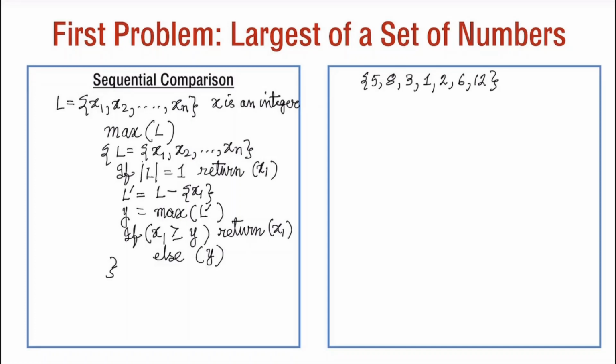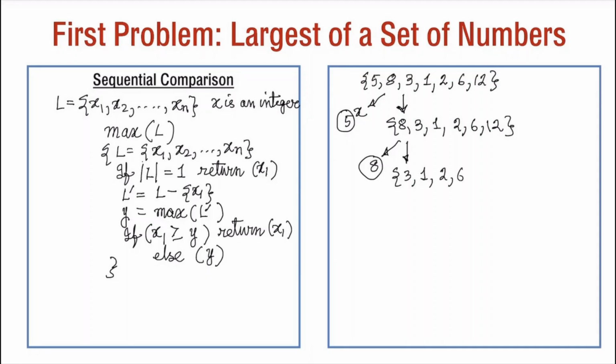Then what would happen is that 5 would be taken out, and it would recursively call it on 8, 3, 1, 2, 6, 12. Then 8 would be taken out. Sorry, here 5 would be taken out. Here 8 would be taken out. And it will again recursively call it on 3, 1, 2, 6, 12.